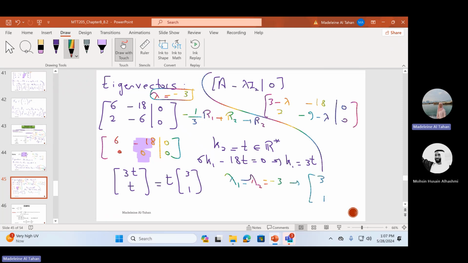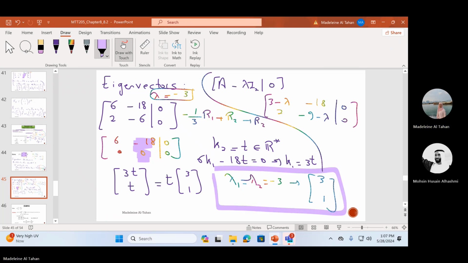How many eigenvectors did we get for it? The multiplicity of it is 2. What do we mean by multiplicity is 2? It means that this eigenvalue occurs how many times? Twice. How many independent eigenvectors did we get for it? 1. So we got how many solutions at this moment? 1. But how many solutions should we get? 2. So we would write our first solution.